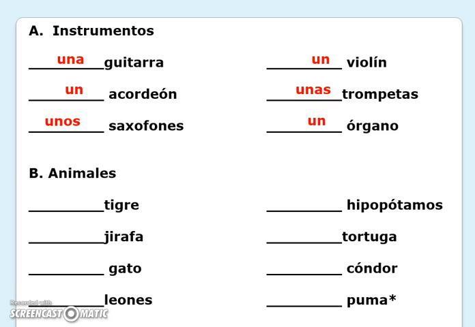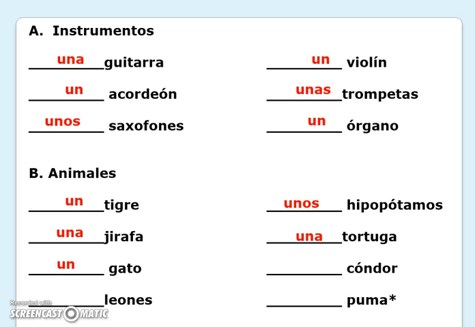For animales, or animals. Un tigre, one tiger or a tiger. Unos hipopótamos, for some hippopotamuses. Una jirafa, a giraffe. Una tortuga, a tortoise.